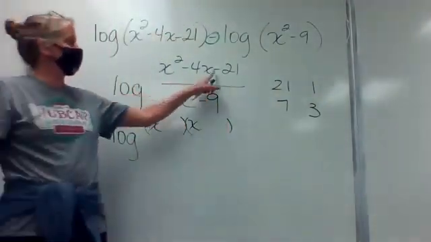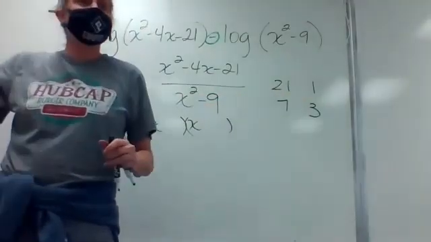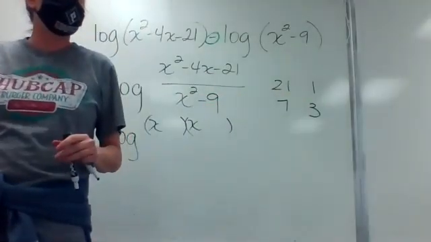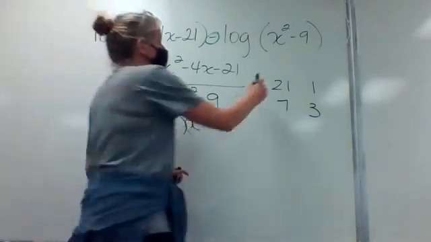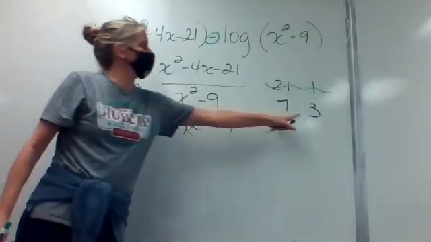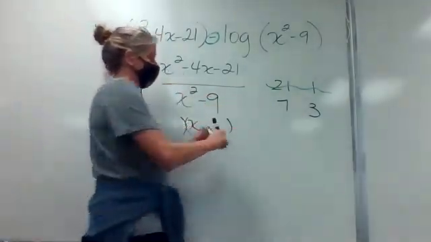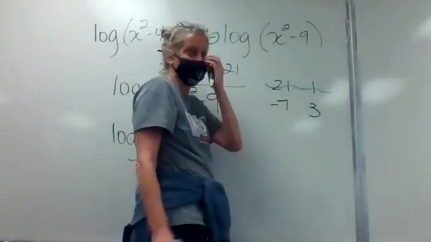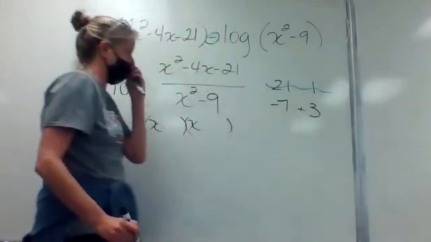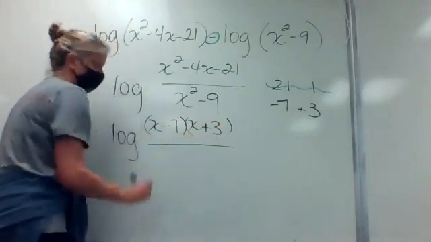If you're multiplying to equal a negative, when you choose your pair, one of those numbers is going to have to be a negative and one's going to have to be a positive. I'm not going to use 21 and 1 to get a negative 4. Which one of these numbers, if I'm going to end up at negative 4, needs to be negative? That 7 will, right? So I need a negative 7 plus 3.